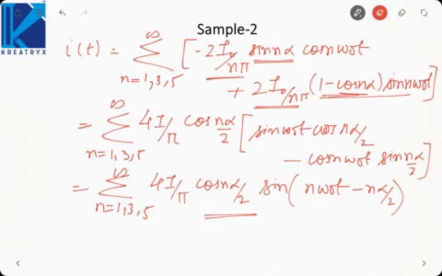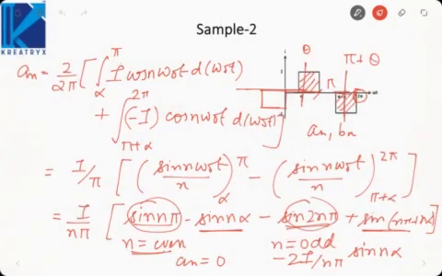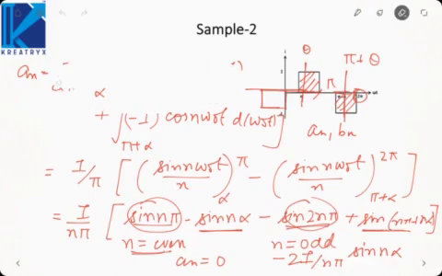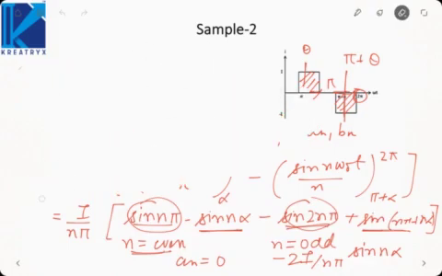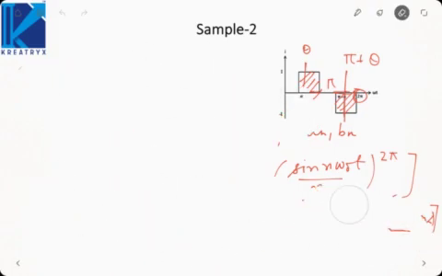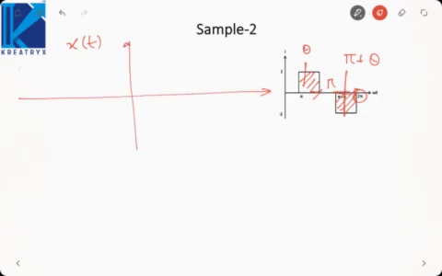Now let me show you a simpler method to derive this Fourier series. Since this is a very tedious method, I will define a new function, x(t). This x(t) I am drawing something like this.